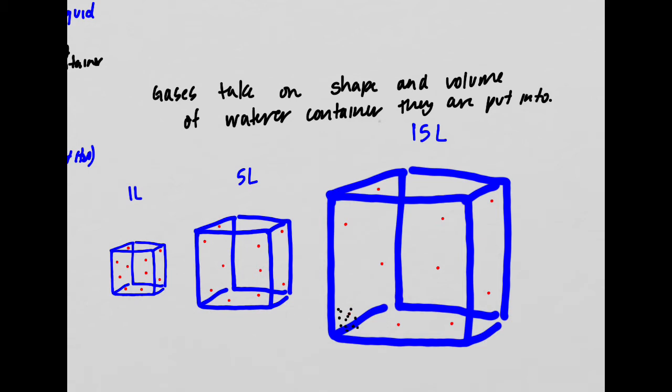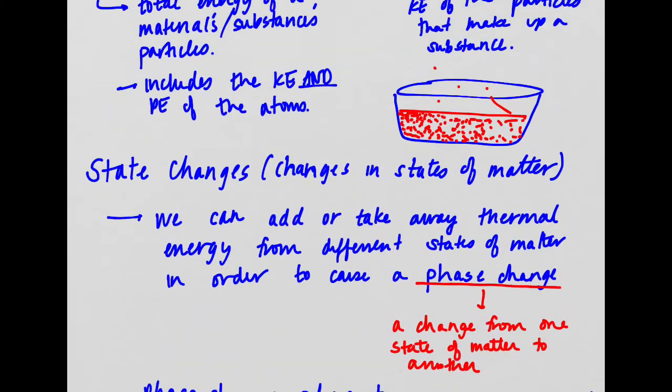Maybe they start there, but eventually they're going to spread out until they are all evenly dispersed throughout this container, and they will take up the entire volume of this 15-liter container. They'll take up the entire volume of the 5-liter, the entire volume of the 1-liter. They spread out evenly throughout the container. So this is why we also say that the volume is indefinite with gases.